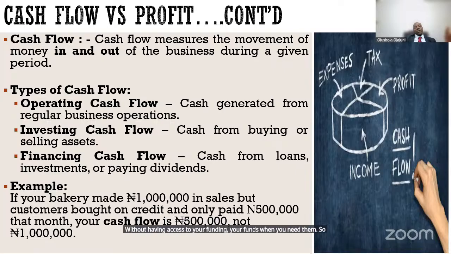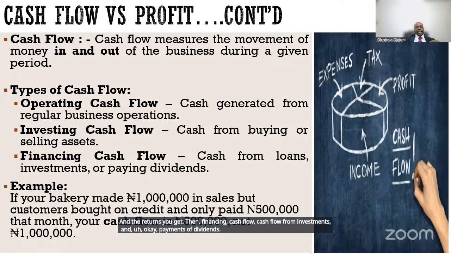But for accounting sake, cash flow is classified into three: operating cash flow, generated from regular business operation; investing cash flow, from buying or selling assets, like maybe you buy shares, you buy stocks, and so on and so forth, and the returns you get; then financing cash flow, from investments and payments of dividends.